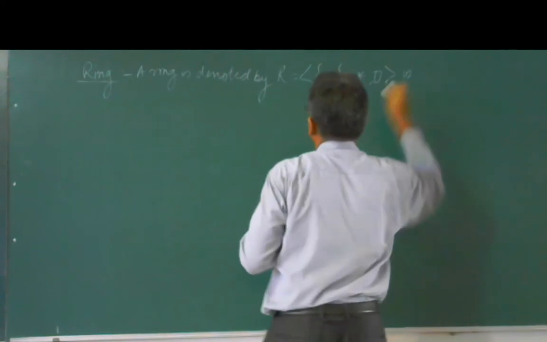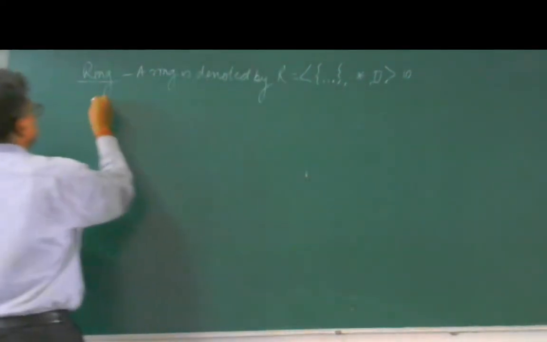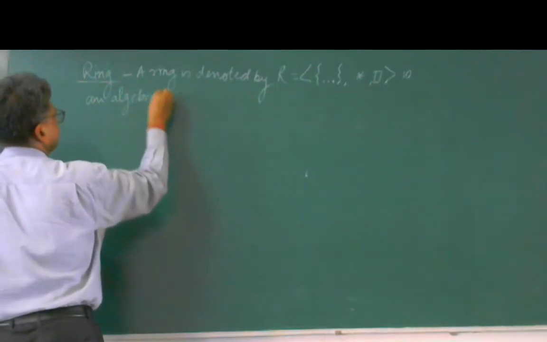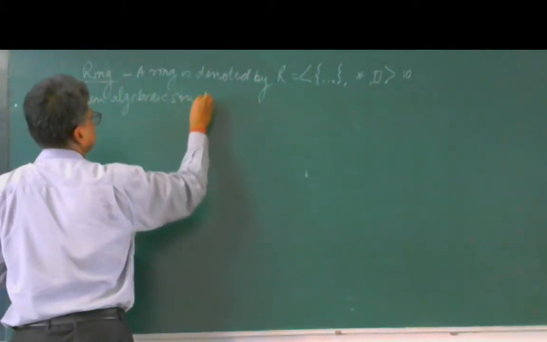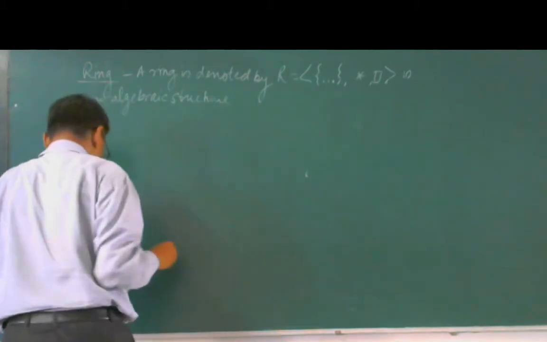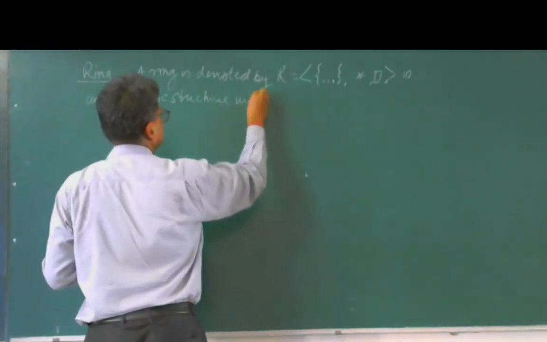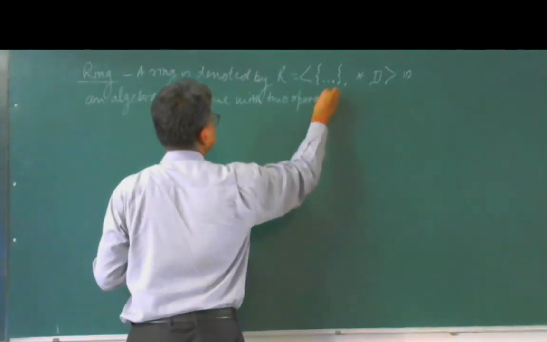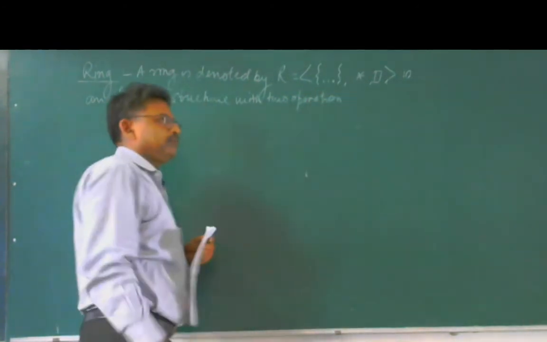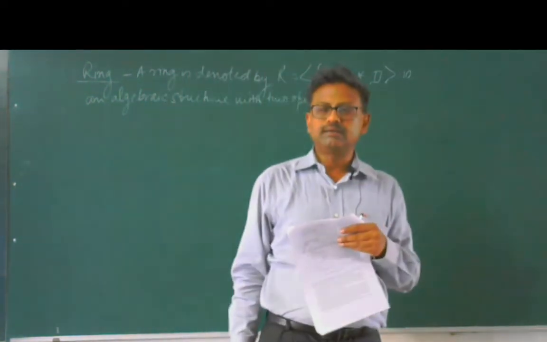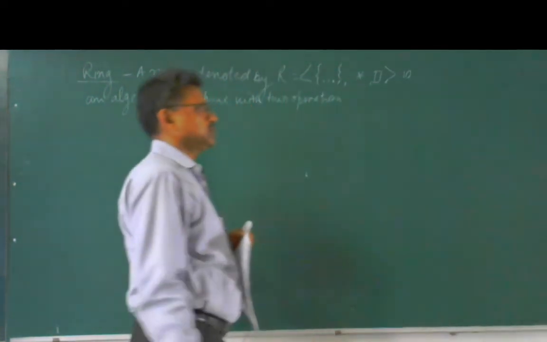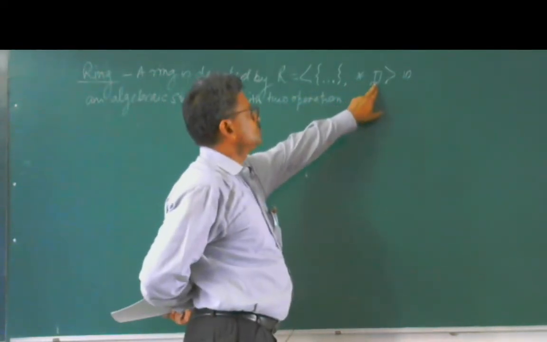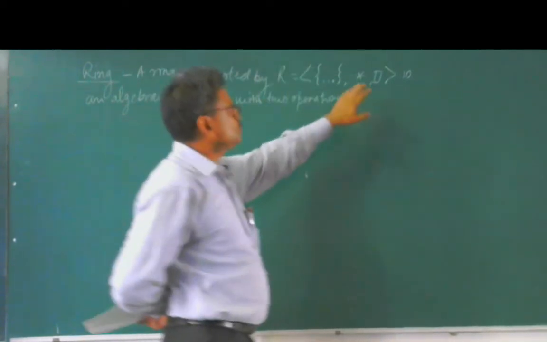This ring is an algebraic structure with two operations. It means in a group we apply one operator on the set, but a ring has two operators on the set. The operators are represented as star and the rectangle. These are the two operators.